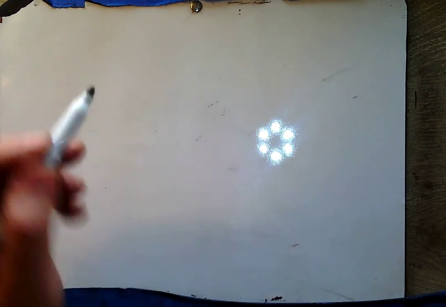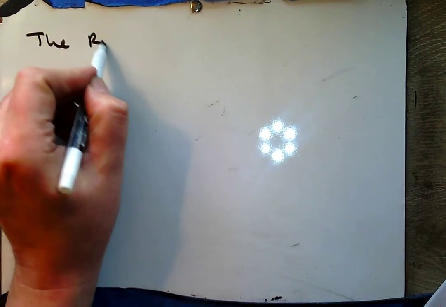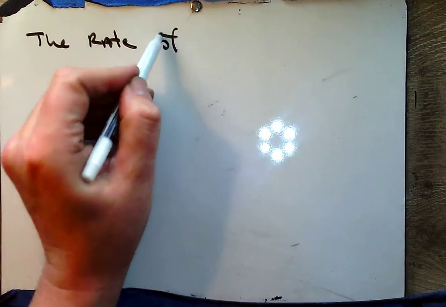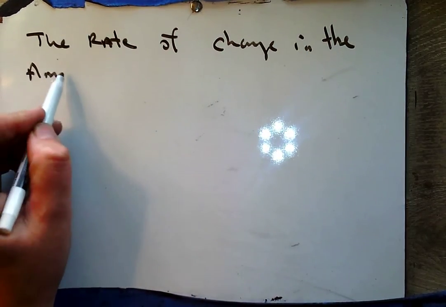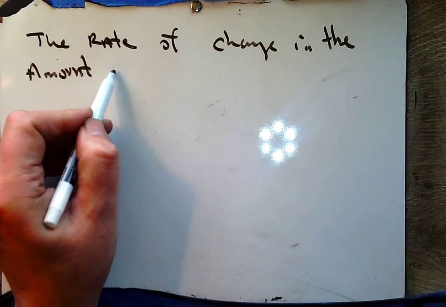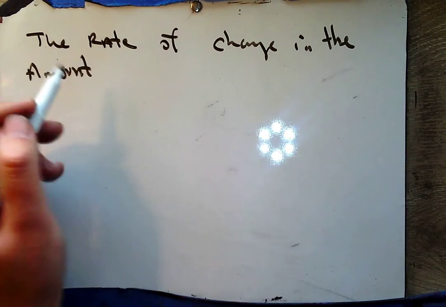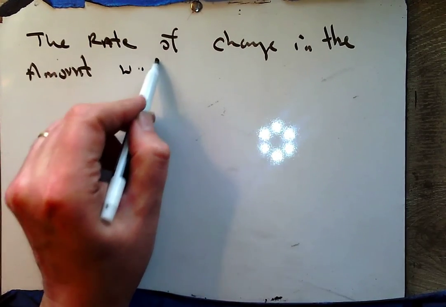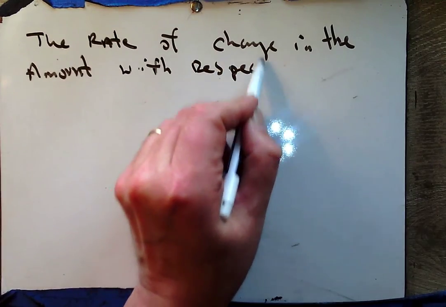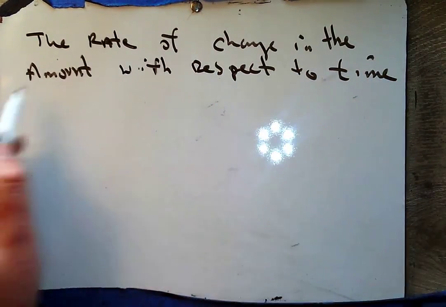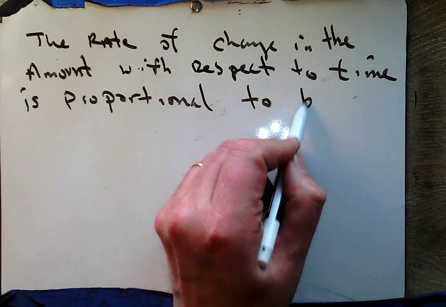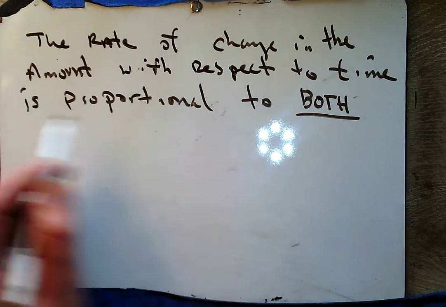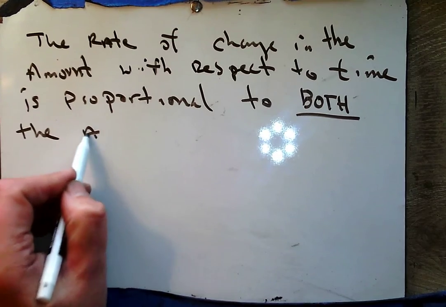We know that the rate of change in the amount of any population you want, I don't care, in the amount with respect to time is proportional to both the amount.